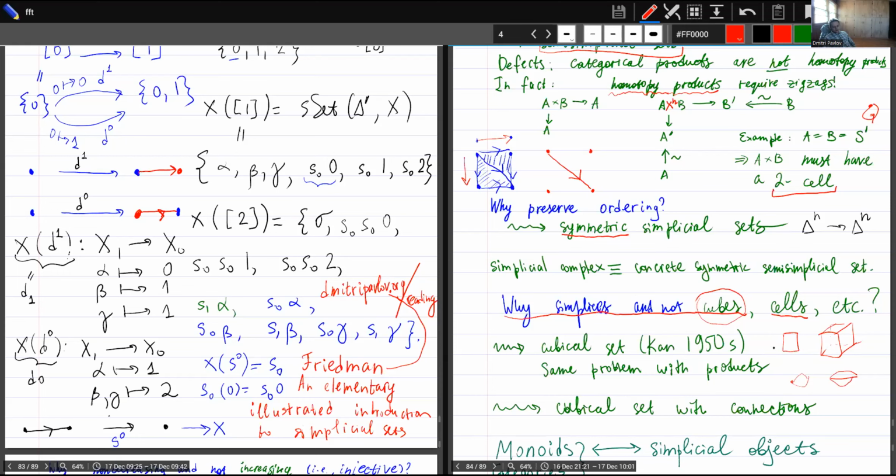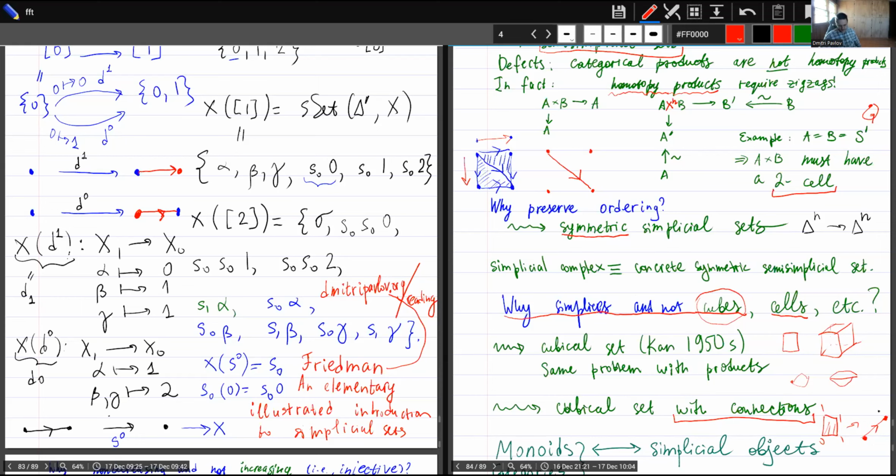There's a much more recent modification of cubical sets called cubical sets with connections, where you modify the category of cubes and introduce a map that geometrically looks like you have a square, and you map it to an interval where a single vertex goes to the initial vertex and the other three vertices are collapsed to the target.